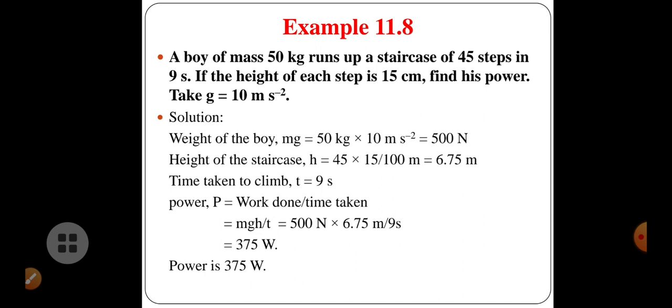Now again some things have been given, we have to join those things. Weight we have to calculate. We have been given mass only, so we know weight is equal to mg, and we are told to take g equal to 10. Then we multiply it and we get 500 Newton as the weight of the boy.